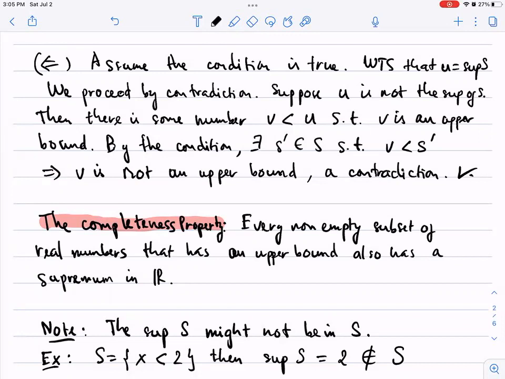It says that as long as a set has an upper bound, then it has a supremum, and this supremum must be a real number. And this second part here is very important because it really explains the terminology of completeness. Basically, it says that the real numbers are complete in the sense that they contain all supremums of all subsets.